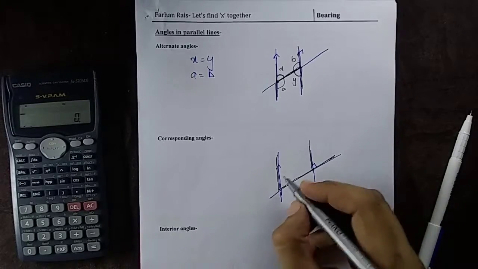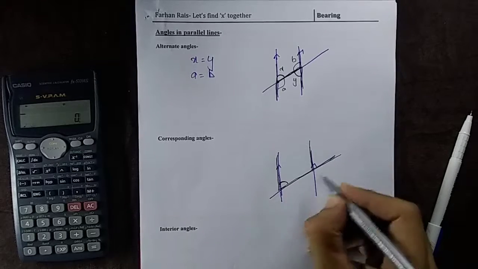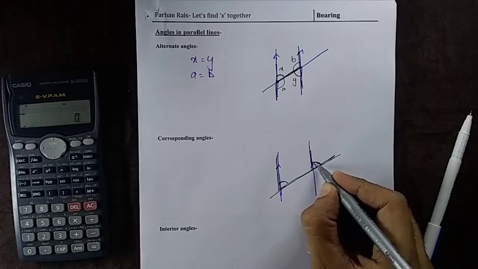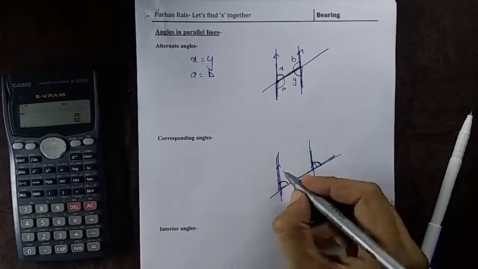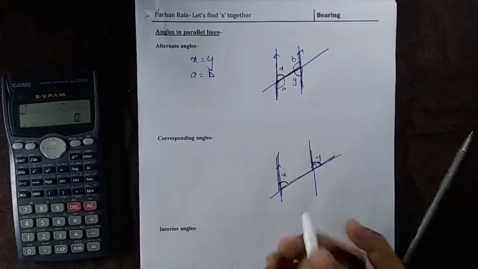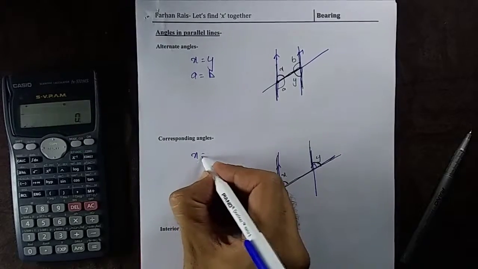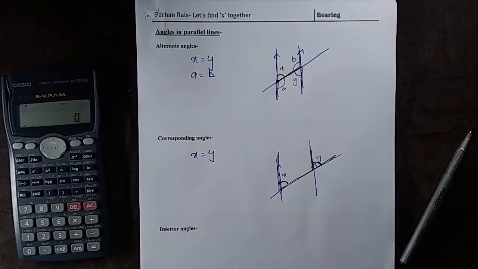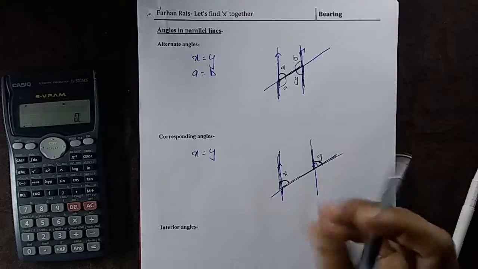And the property says that these two angles would be same. So if this is angle X and this is angle Y, both these angles would be equal. That means X equals Y. You have to look for this letter F.